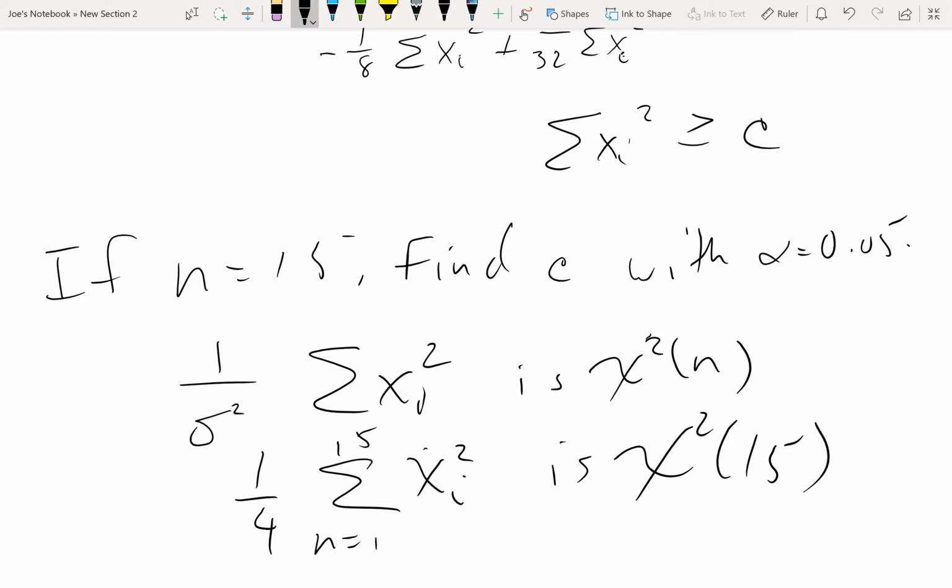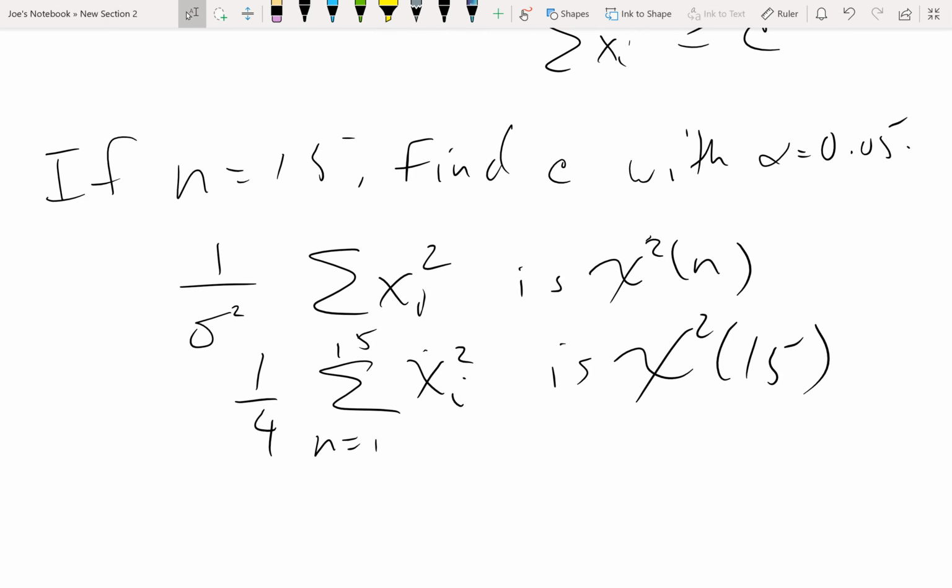So I bump back to the table or grab Excel, one of the two. Chi-squared sub 0.05 on 15 degrees of freedom is 25. Okay. So we would need 1/4 the sum from i equals 1 to 15 to be greater than or equal to, what did I just say, 25?